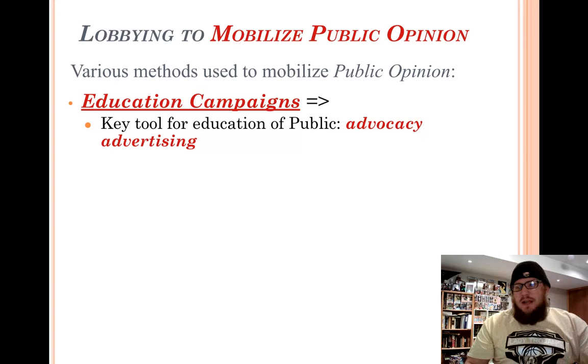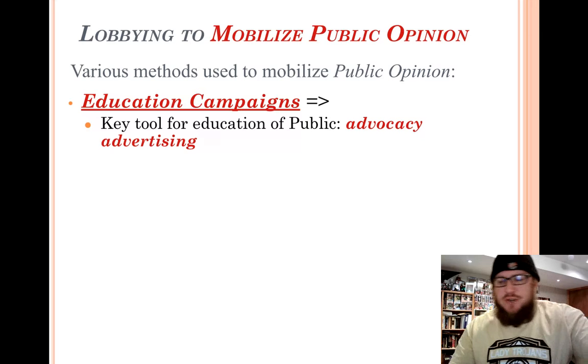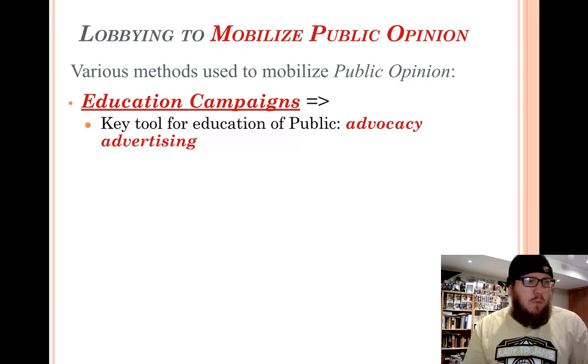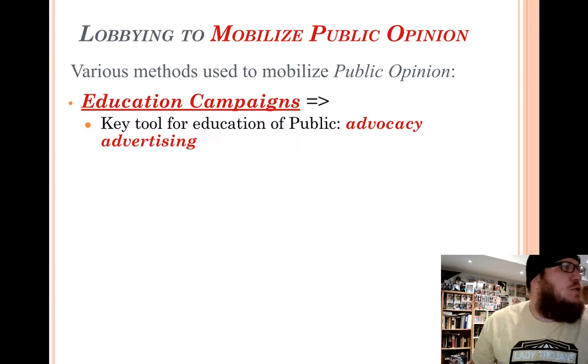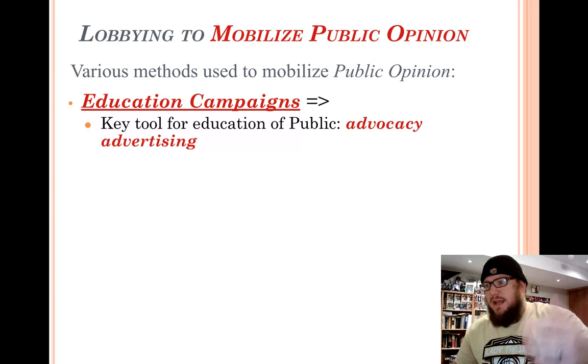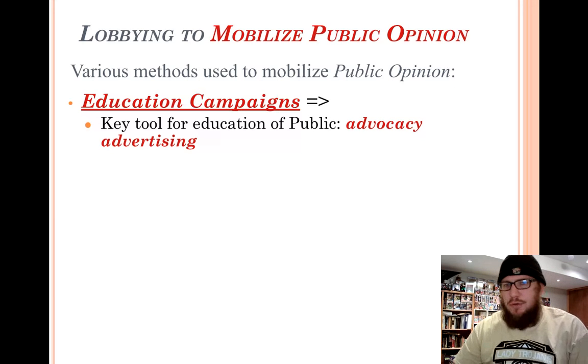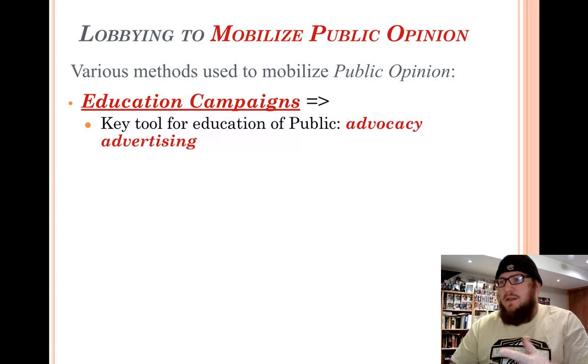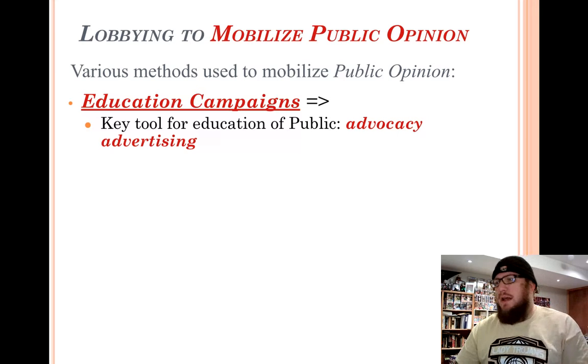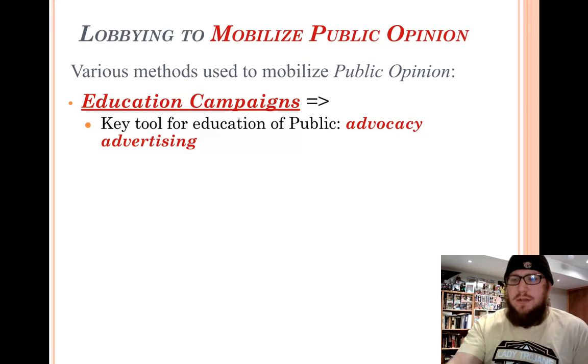Lobbying meets with just a government official. Education campaigns will find a way to educate the public about an issue through things like advocacy advertisements, and the goal will be to make the public care about the issue and ultimately reach out to members of Congress as well.